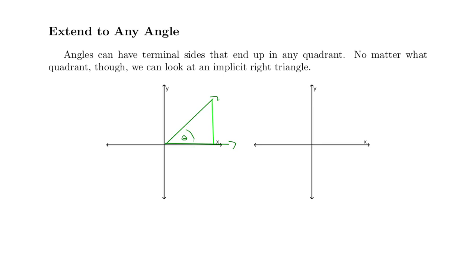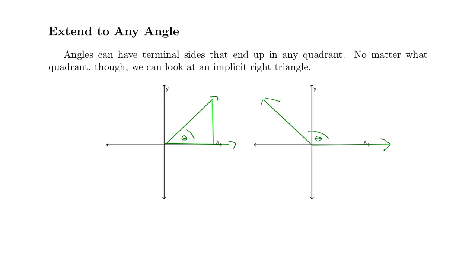But we can have the terminal side of our angle end up in any quadrant that we'd like. So maybe there's our initial side, and we have a terminal side that looks like this. Now we don't have a right triangle explicitly for this angle.